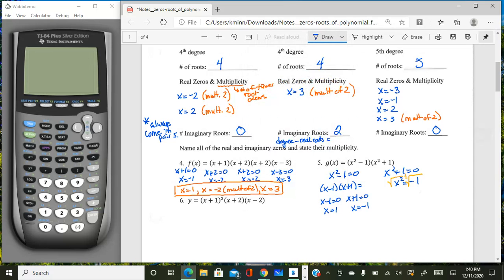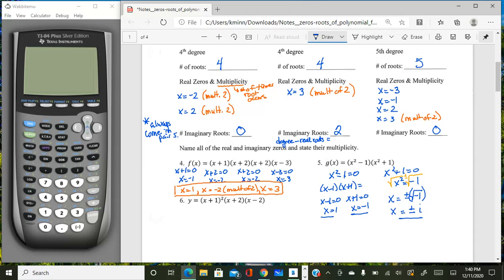So on the left-hand side, square root of x squared is x. And on this side, we get plus or minus the square root of -1. We know and should recall that square root of -1 is i, so we end up with 2 solutions, plus or minus i. This gives us 4 total solutions, 1, -1, and plus or minus i.